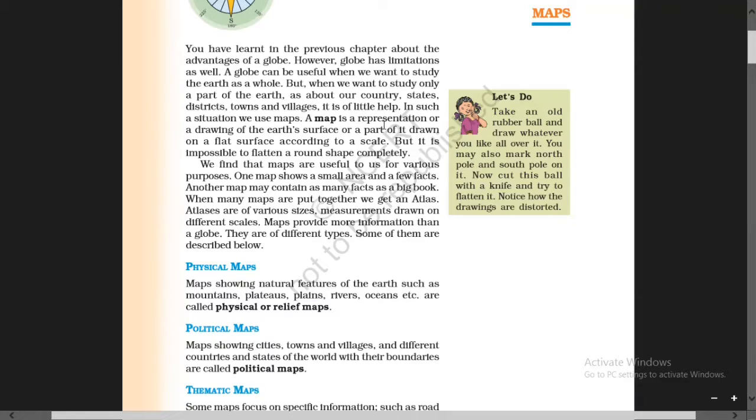A map is a representation or a drawing of the earth's surface or a part of it drawn on a flat surface according to a scale.